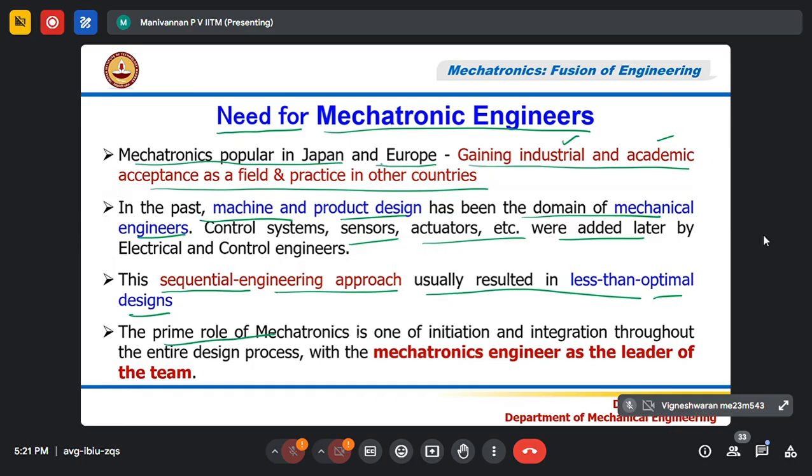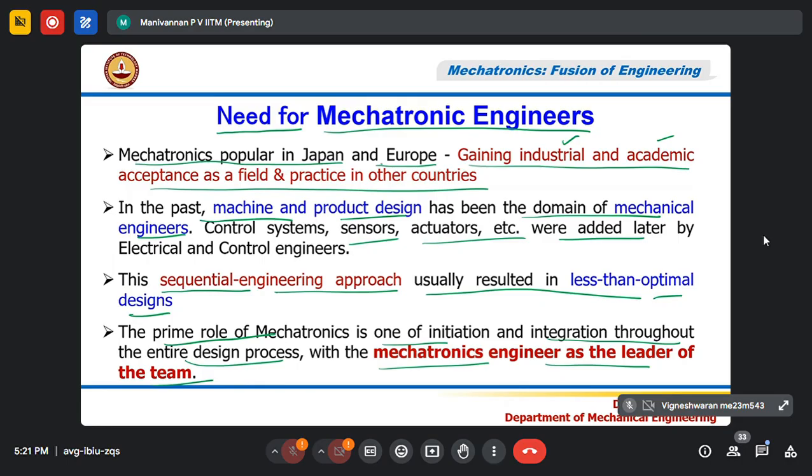The prime role of mechatronics is initiation and integration throughout the entire design process, with the mechatronic engineer as the leader of the team. Nowadays, for any modern product you want to make, you need a mechatronic engineer. Not a mechanical engineer, not a computer science engineer, not an electronic engineer, not a software engineer. You need a mechatronic engineer.